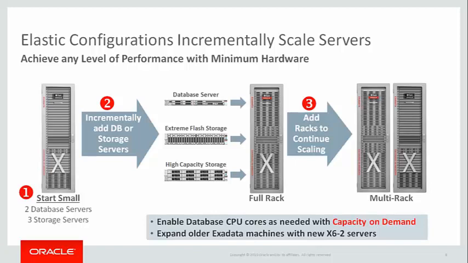So for example, the X6 has just come out. You may have X2, X3, X4, any of the previous generation Exadatas. You can use the latest generation X6 servers, either a storage server or database server, and put it into your existing X2 or X3 or X4. So it provides expandability and allows you to reuse your investment.